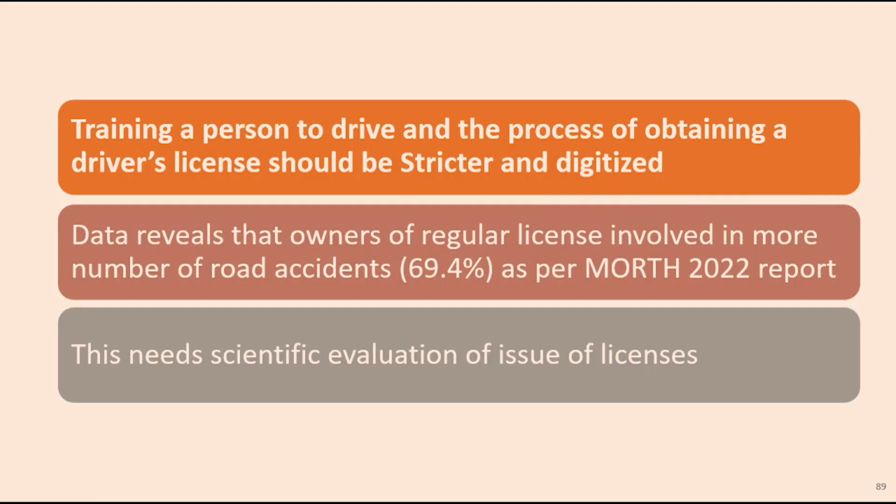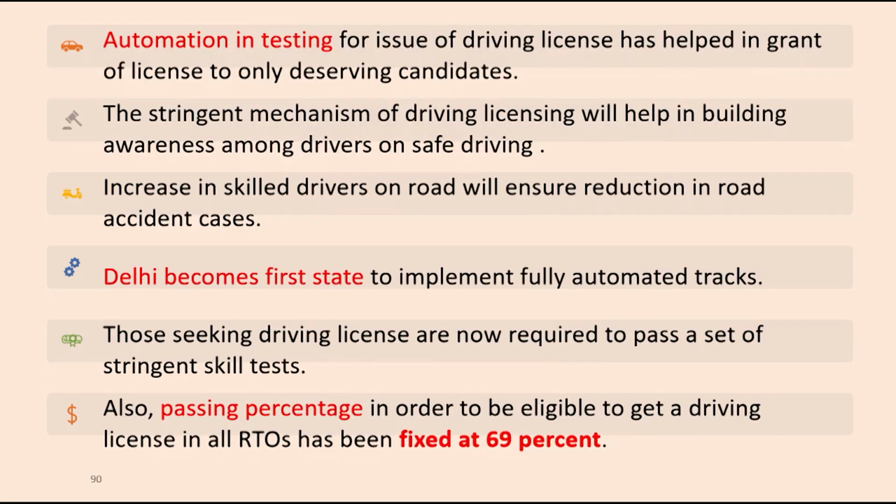Okay. Then training the driver, with a rigorous licensing system. In this case there were a lot of issues. There was human intervention, which created scope for giving bribes and getting a driving license. To avoid that, we started working with automated testing tracks.